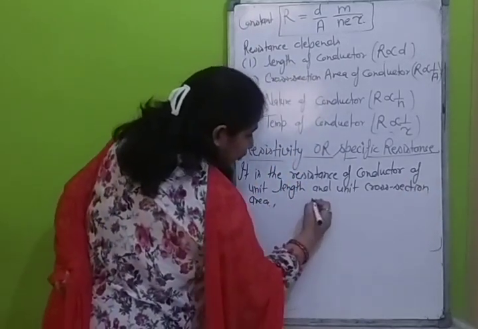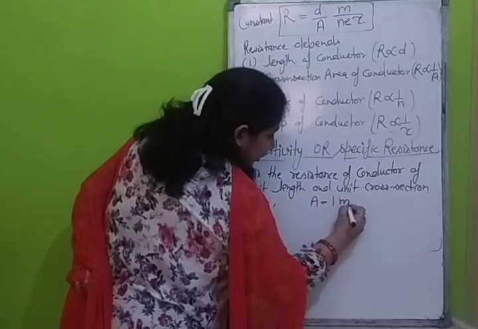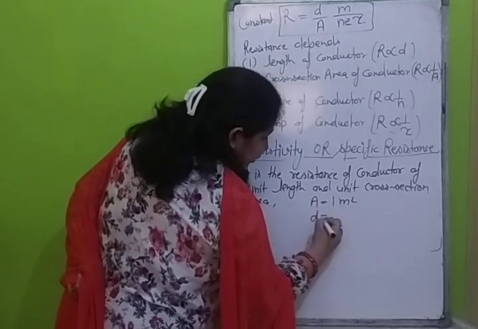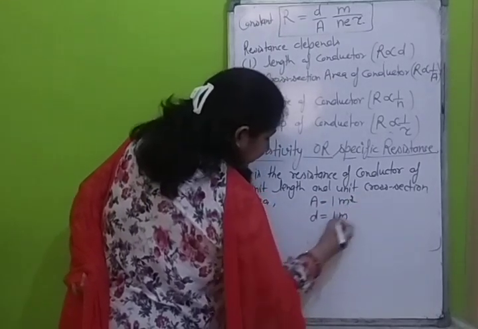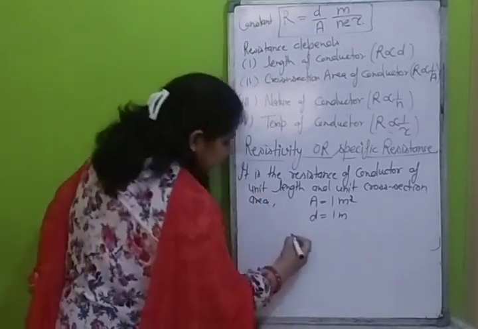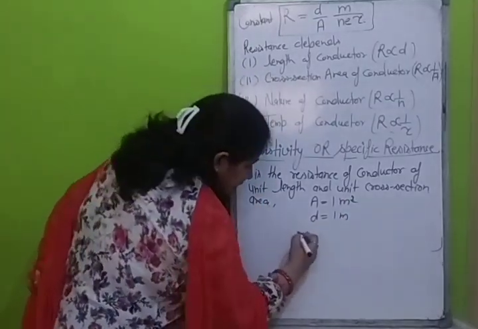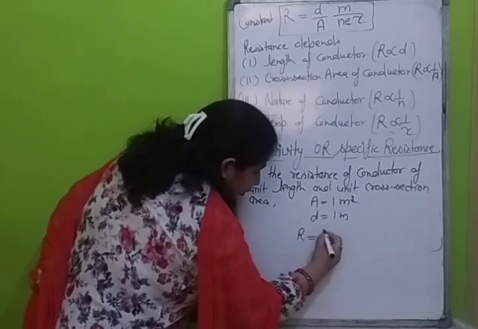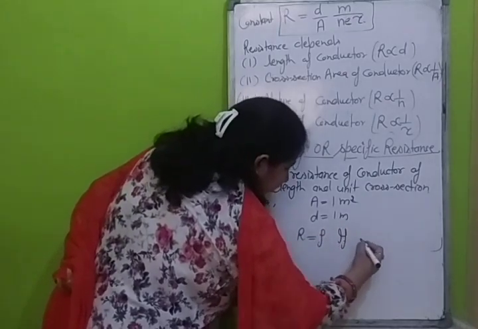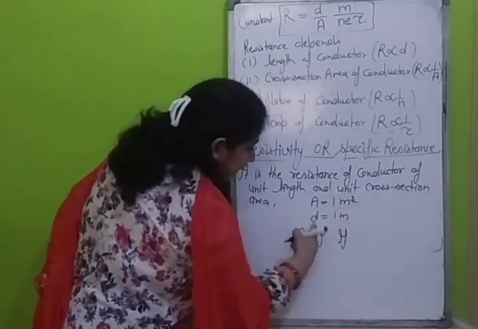It means if we put A is equal to 1 meter square and d is equal to 1 meter, then the resistance R is the resistivity. R is equal to rho if A is equal to 1 and d is equal to 1.